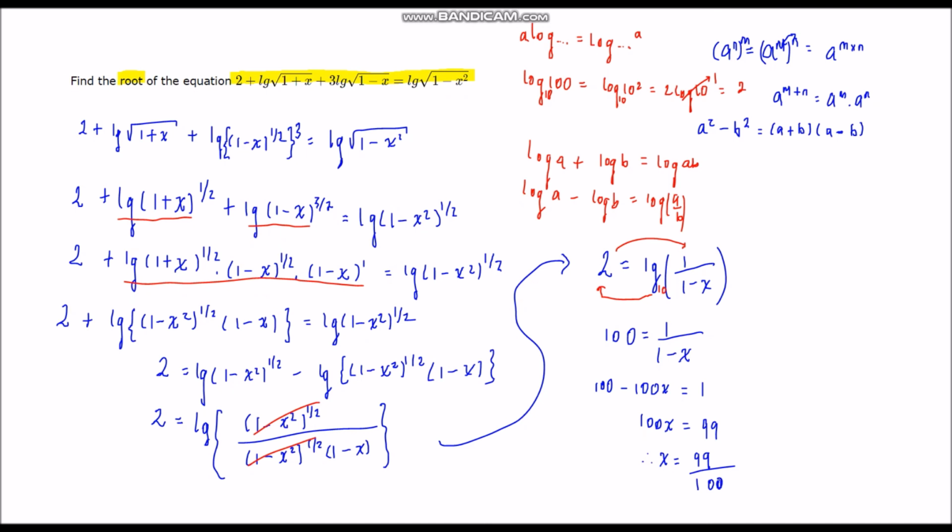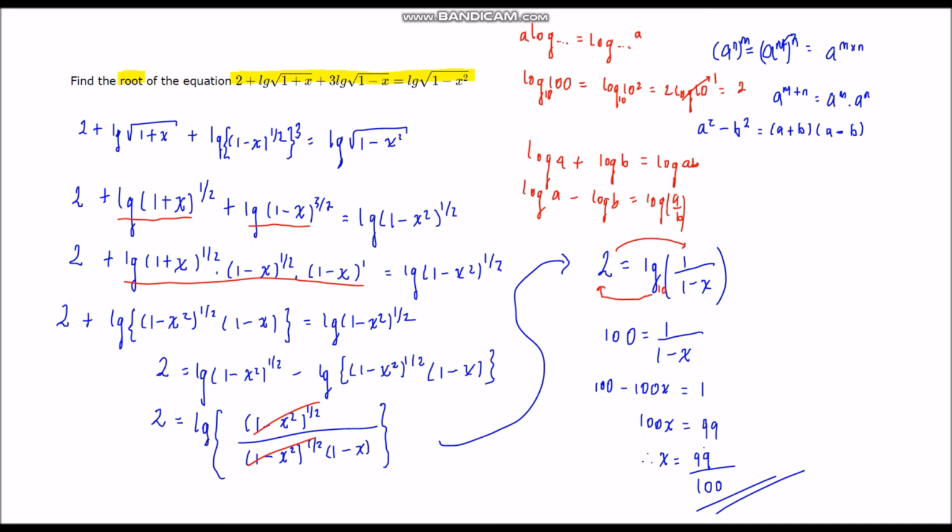99 over 100. This is our final answer. I'll write it neater. Okay, so this is our final answer. So the root is x, and x is equal to 99 over 100.